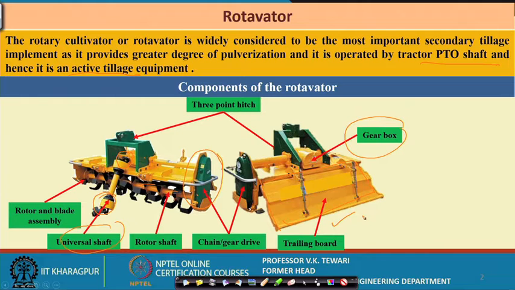Some of these stones may get thrown and hit the person, or even dust may come and disturb the persons around. So, this cover helps in covering that and gives a safety cover.